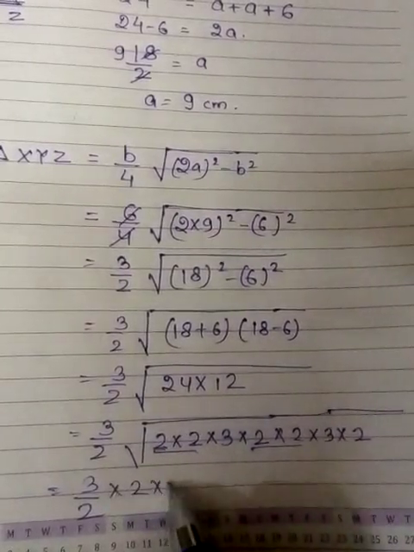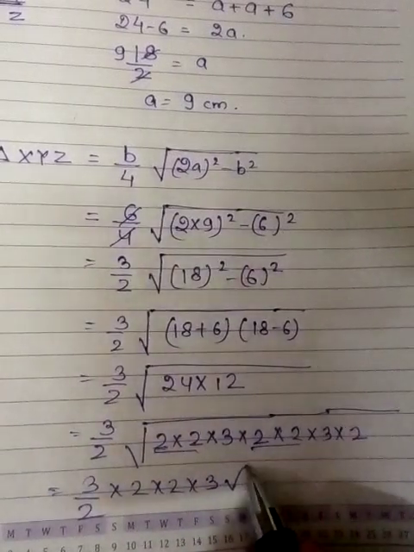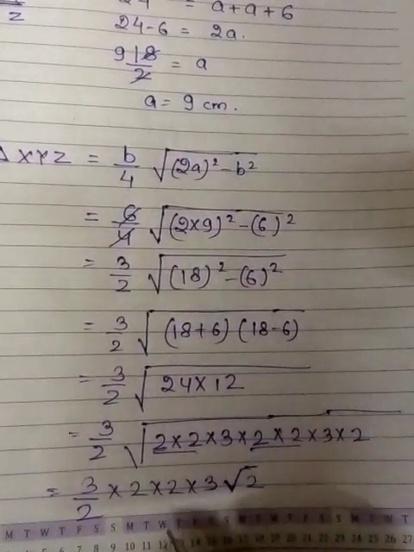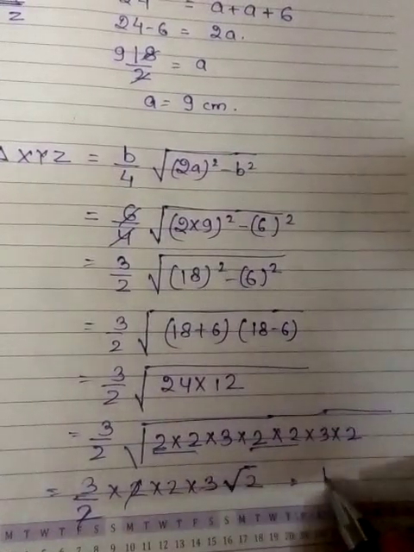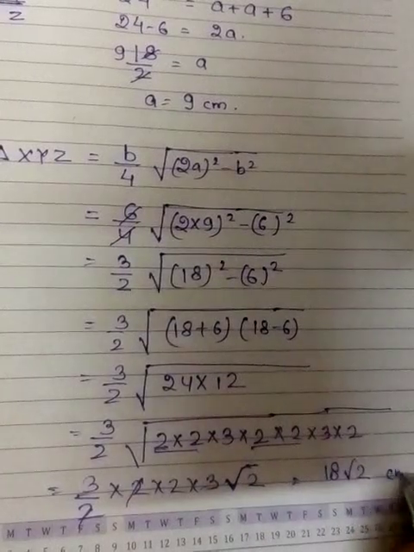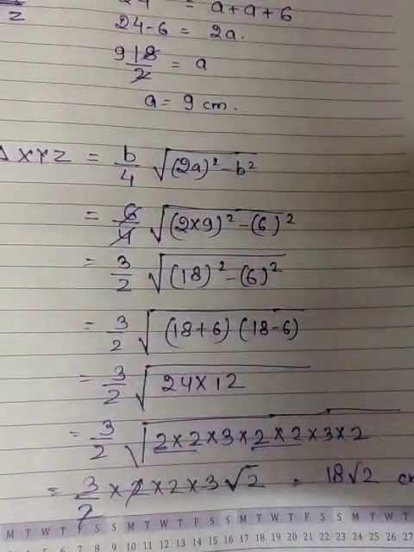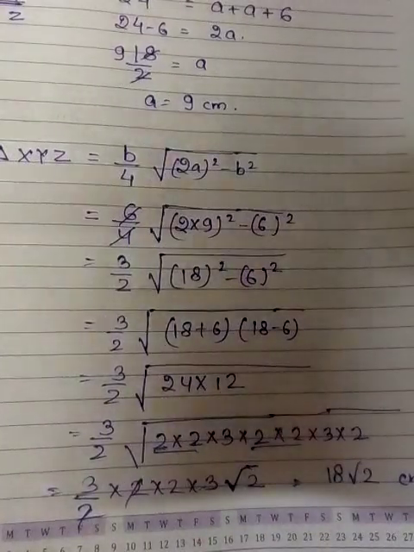So 2 into 2 into 3 comes out, and root 2 is left under the root. So we'll get here 18 root 2 centimeter square. So the area of this triangle will be 18 root 2 centimeter square.